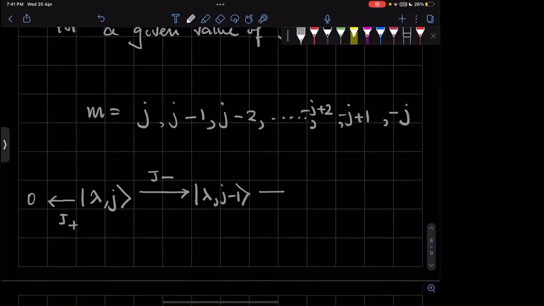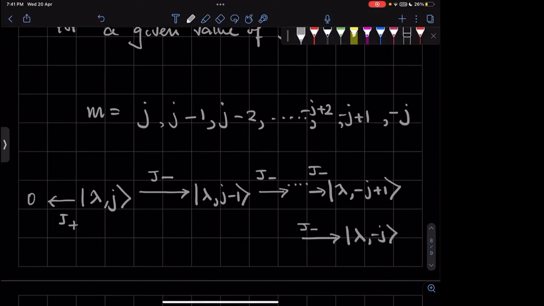And if I apply J minus to it again, I go down, dot, dot, dot, until I get to lambda minus j plus 1, and if I apply another J minus to it, I get lambda of minus j, and another J minus gives me 0.